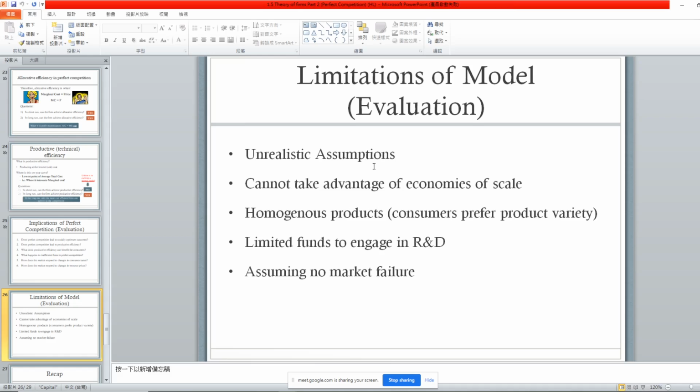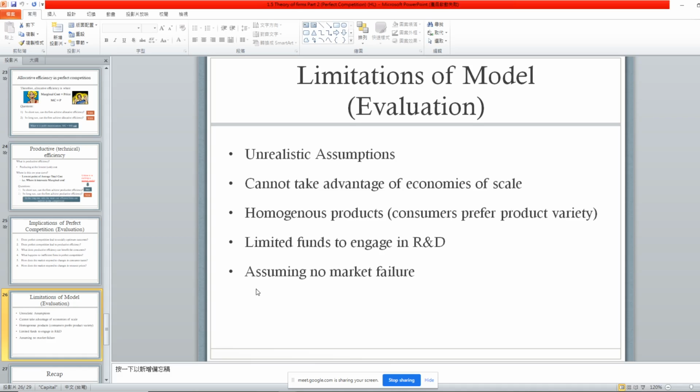Because we assume that market, if you are in it, you cannot earn any economic profit. If that's the case, you cannot have extra money for more R&D, for more different products, so you cannot differentiate yourself in this market.